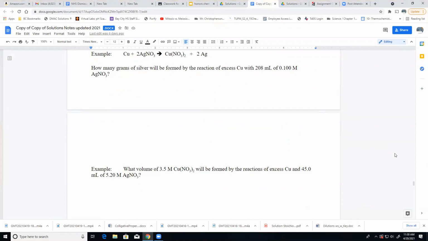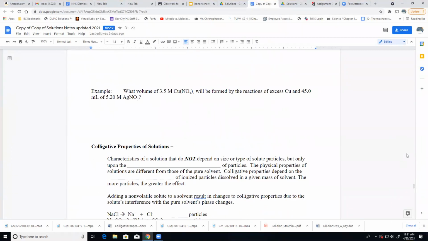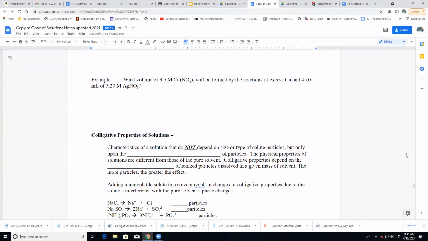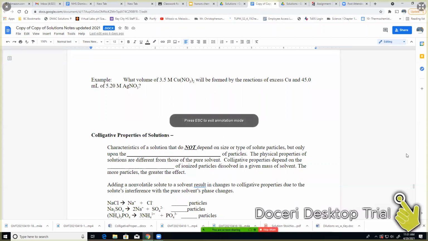All right, let's look at one more. This one I don't have a nice balanced equation. It says, what volume of copper nitrate will be formed? So that has to be my product.